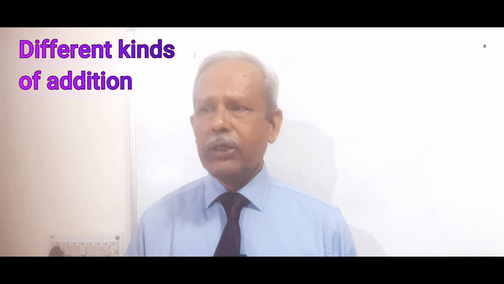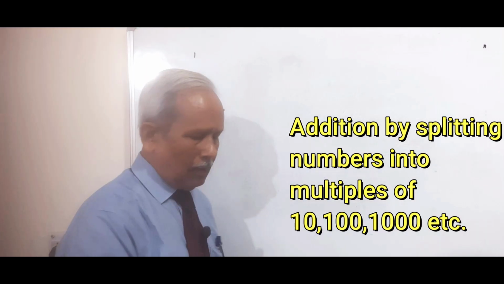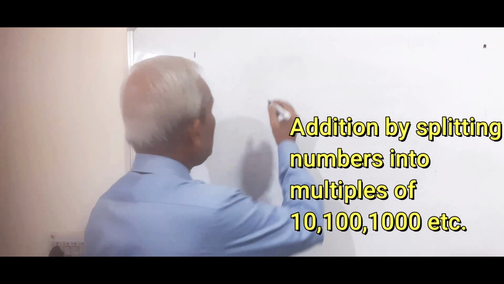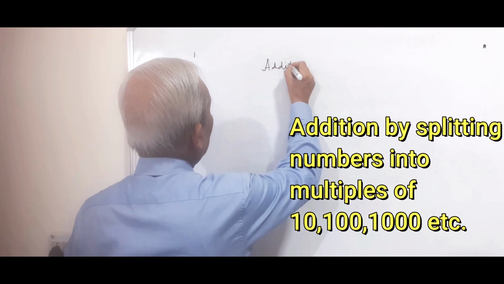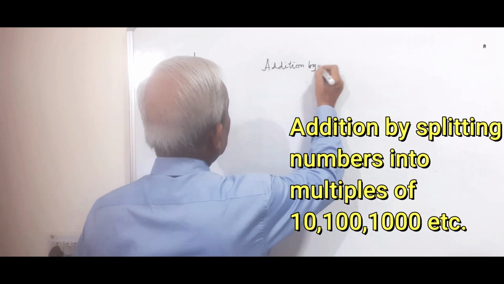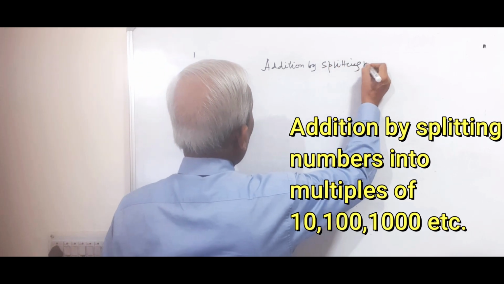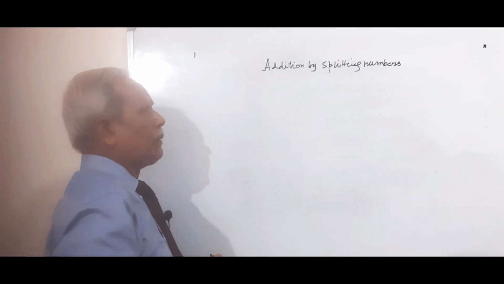So we'll see addition by splitting numbers into the multiples of 10, 100, 1000, etc. That is the first thing that you will see.